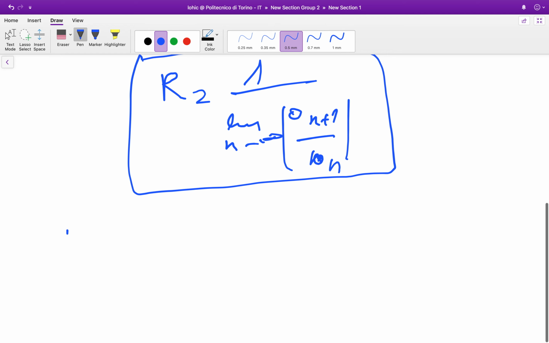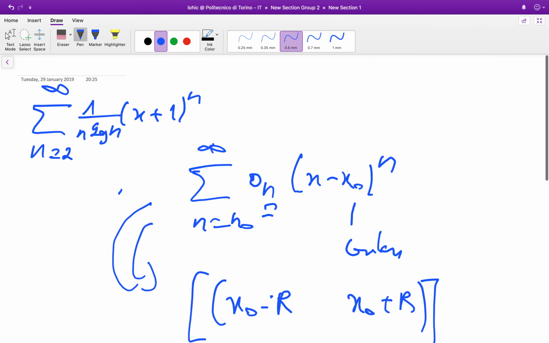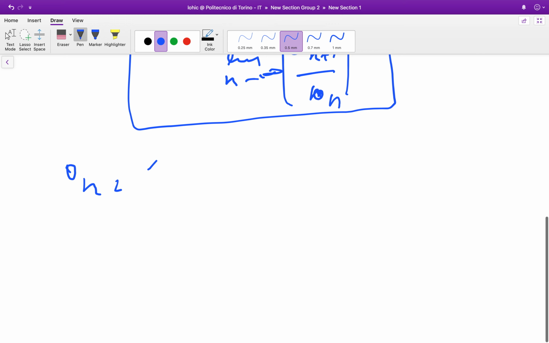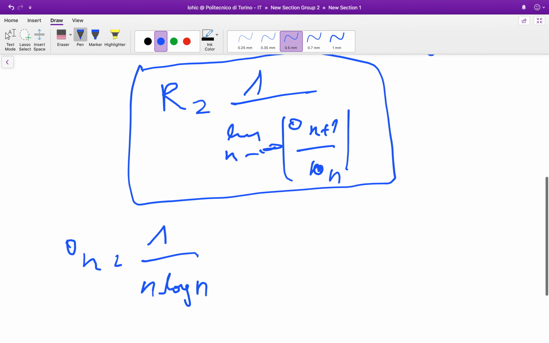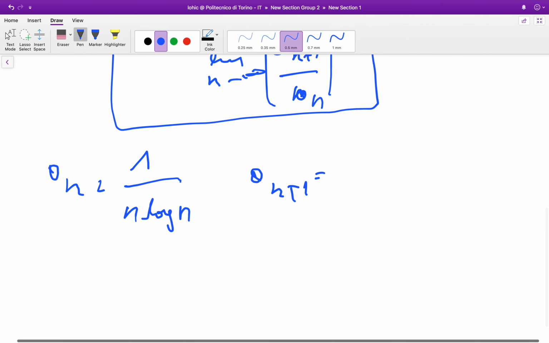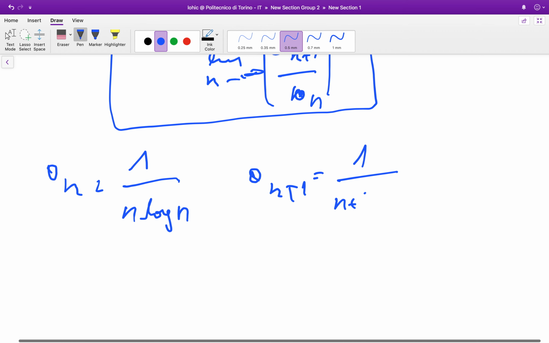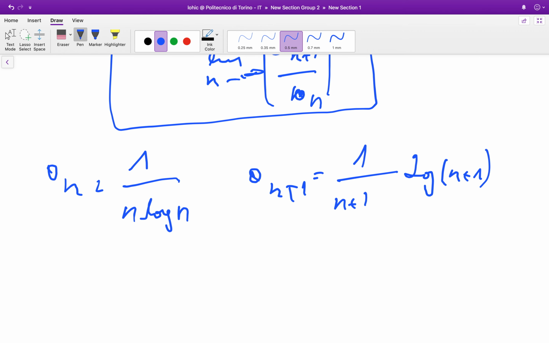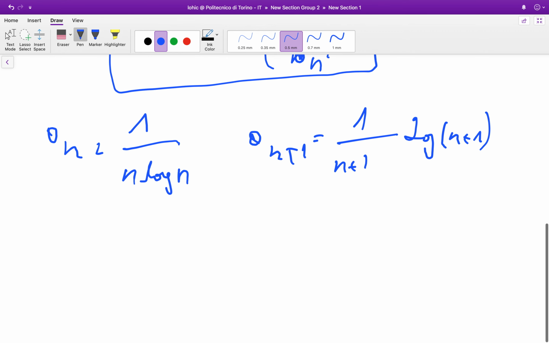In our case, an is 1 over n log n. And thus an plus 1 is 1 over n plus 1 times log of n plus 1. So let's find r.